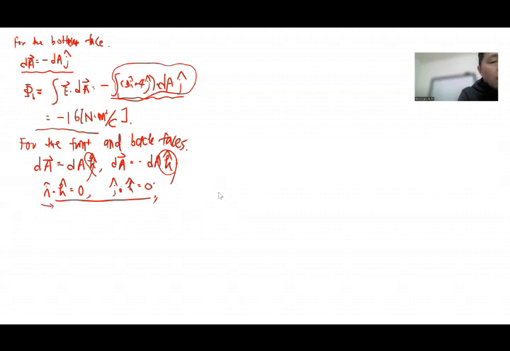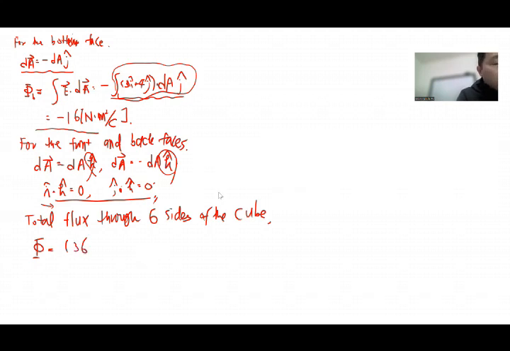So the total net flux through the 6 faces of this Gaussian cube is given by the sum of 6 numbers: minus 12 plus 16 minus 16 plus 0 plus 0 newton meter squared per coulomb.